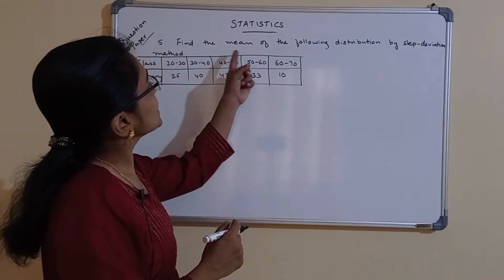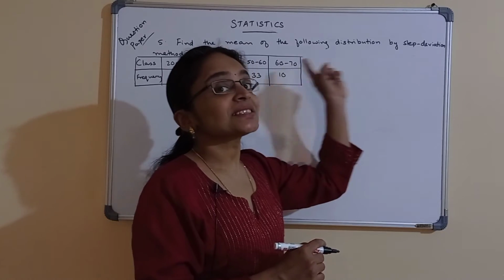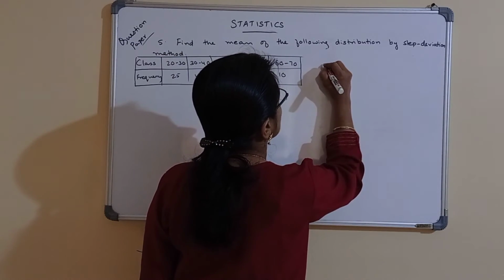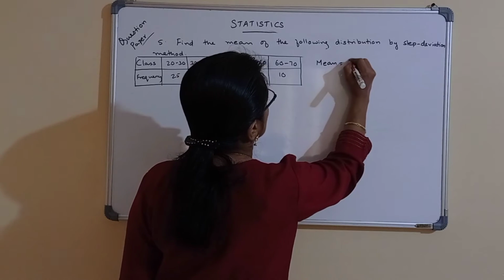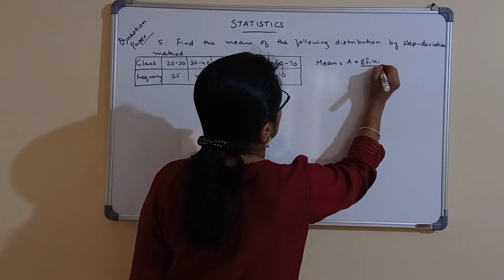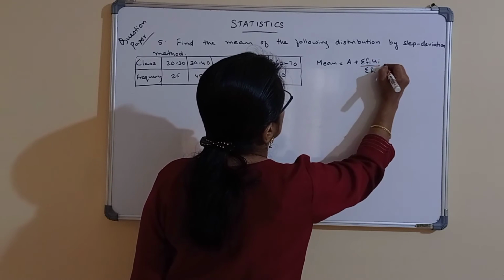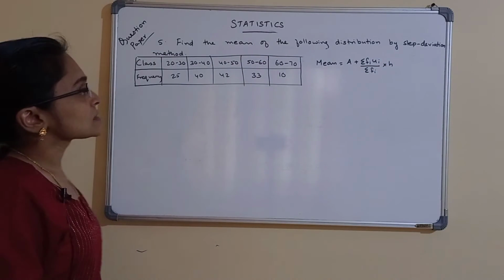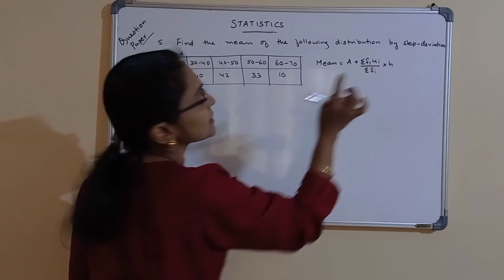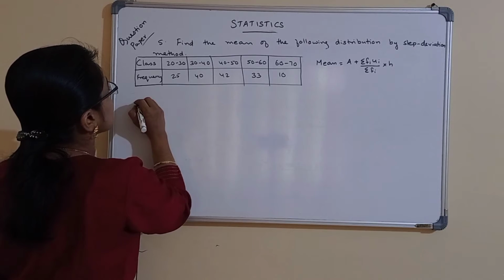Next question, find the mean of the following distribution by step deviation method. And the formula for finding mean by step deviation method is mean is equal to a plus sigma fi ui by sigma fi into h, right? So we have to find a, then ui and h first. So we'll write this first.